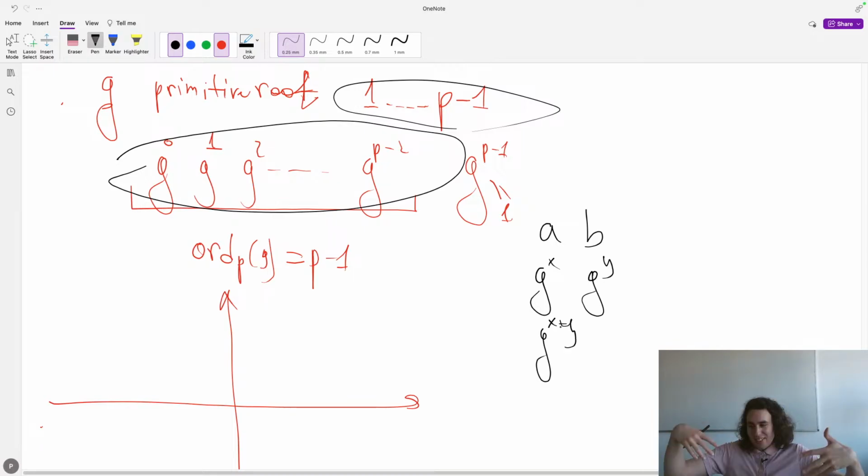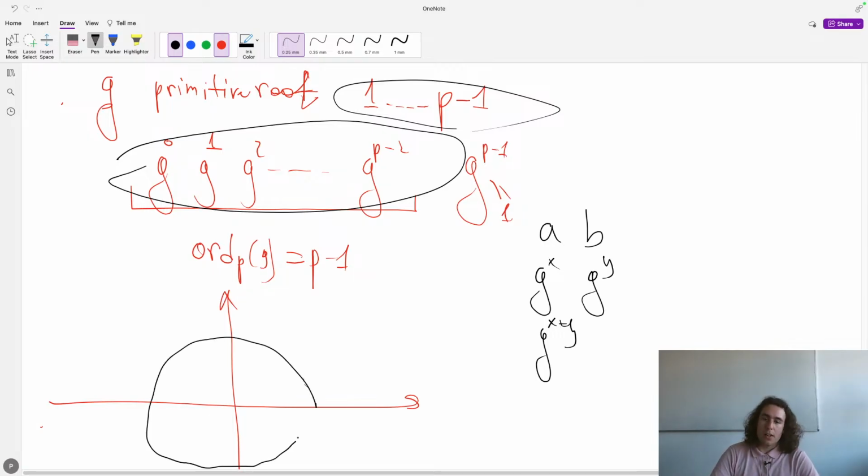So in terms of multiplication, numbers from 1 to p minus 1 look very similar to the cyclic order we had with our roots of unity. We took the smallest root of unity, omega, and then all the other ones were just powers of it, and then we wrapped around. And we have the same thing here.